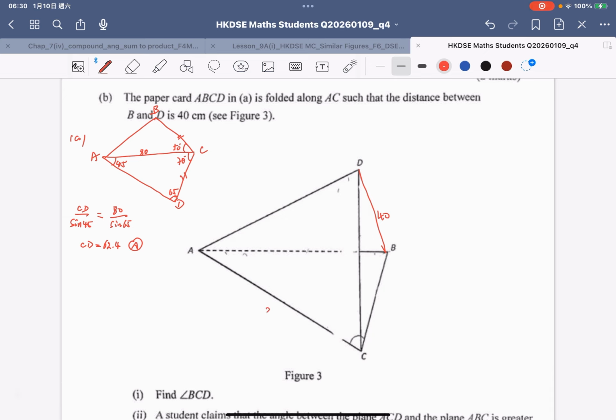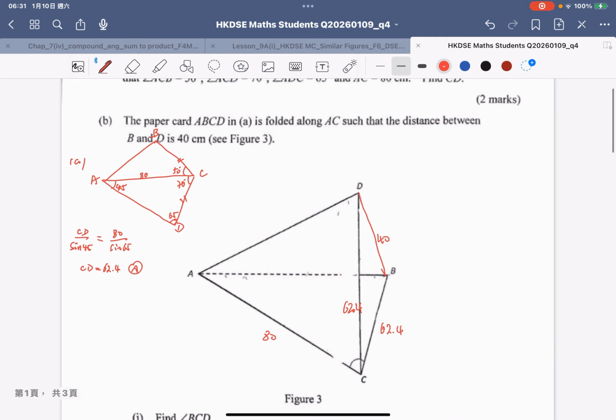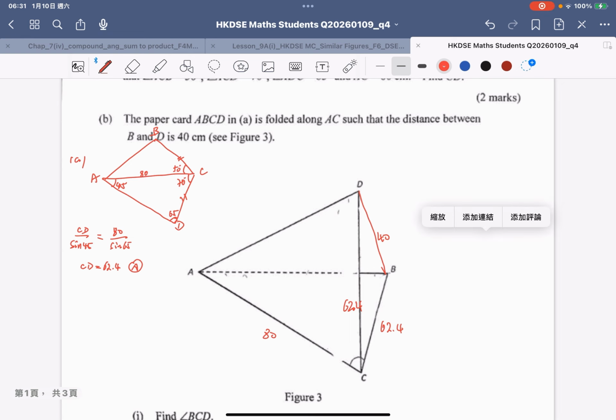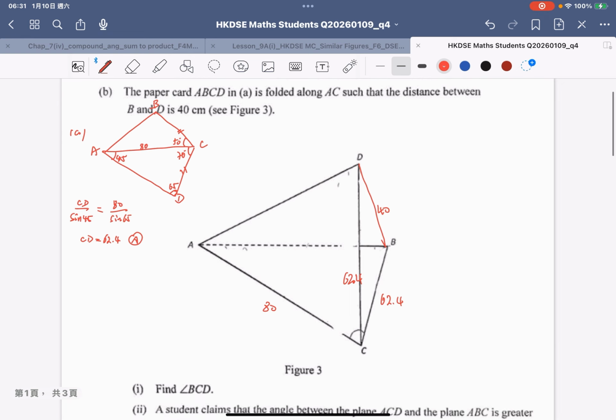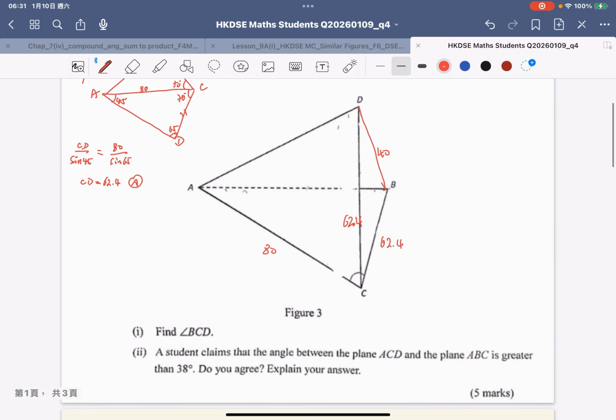This is 80, this is 62.4, this is also 62.4, and also this is 40. Yes, all are good. And we have to calculate this angle BCD.